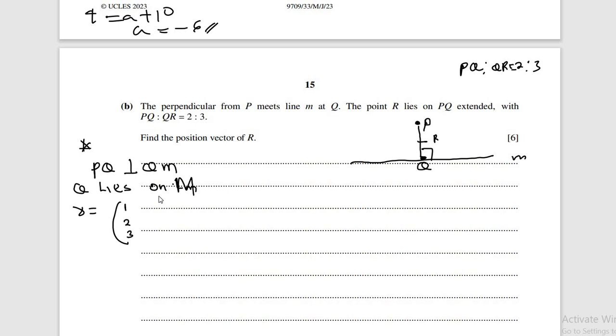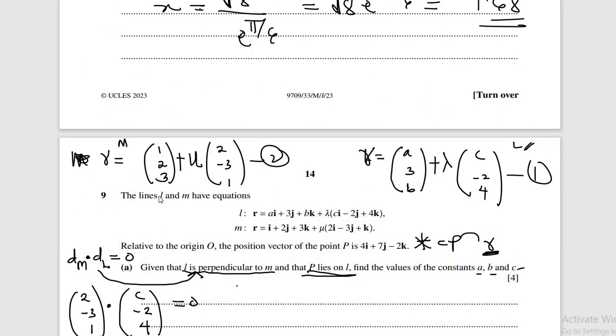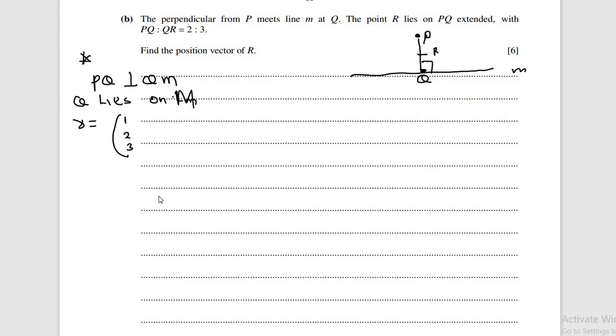Let me check it. Line M, 1, 2, 3, yeah. Since Q lies on M, Q will take the position of R.